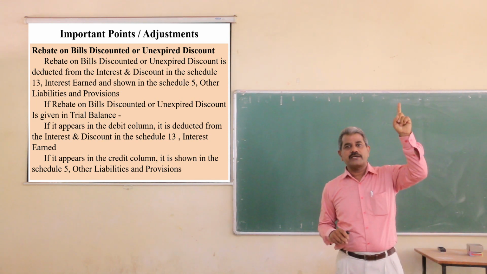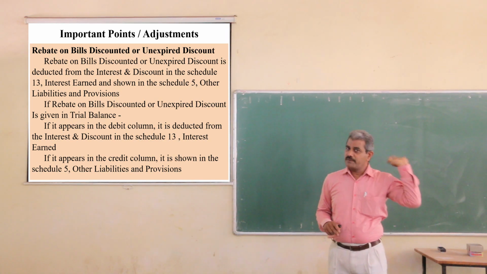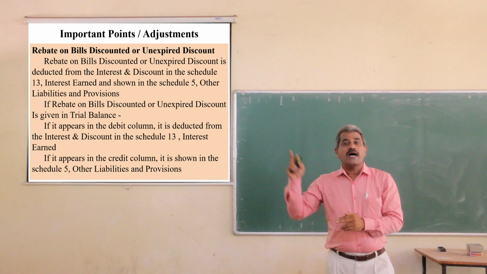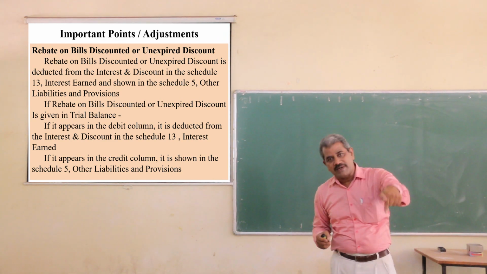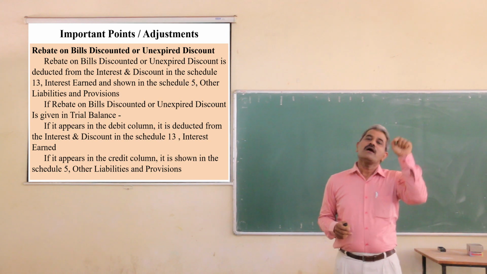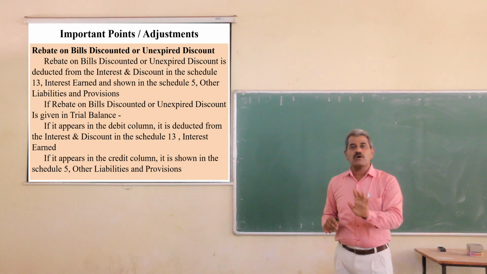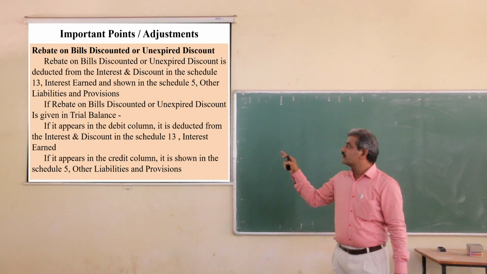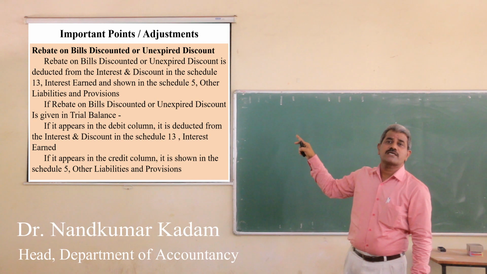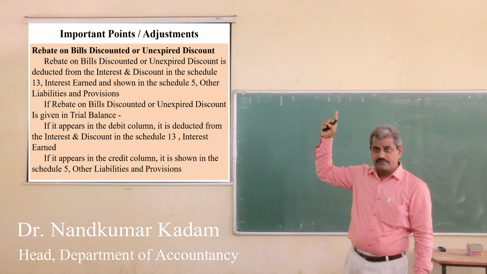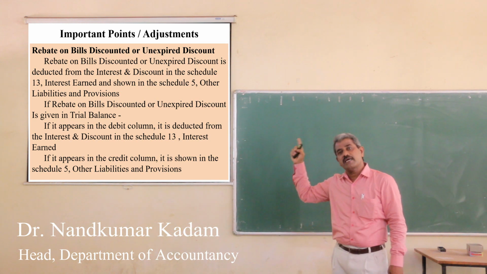In schedule number 5, other liabilities and provisions, if it is given in the adjustment. If the unexpired discount or rebate on bills discounted appears in the trial balance, then if it appears in the debit column of the trial balance, it should be deducted from interest and discount in schedule number 30.